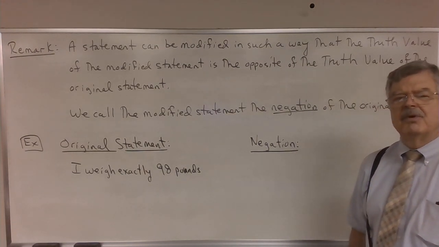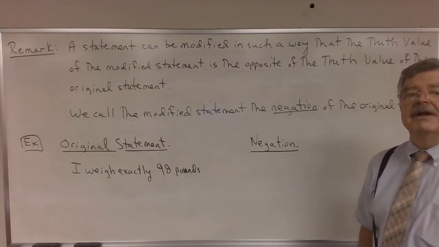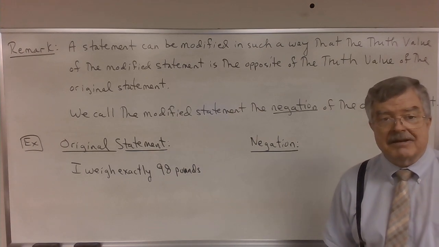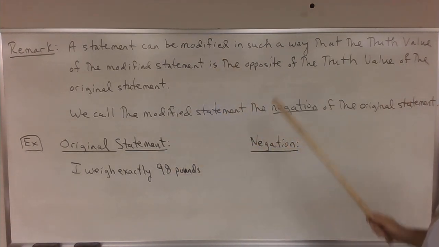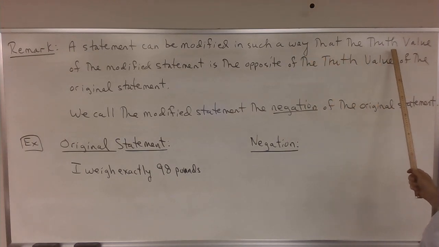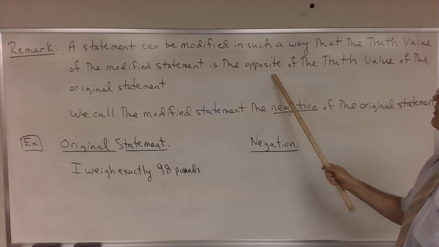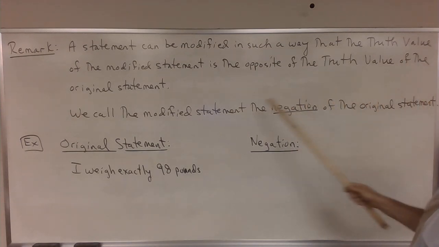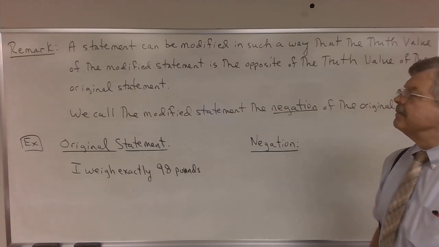Next, we explore the concept of the negation of a sentence, or negation of a statement. A statement can be modified in such a way that the truth value of the modified statement is the opposite of the truth value of the original statement. Let me read that again.